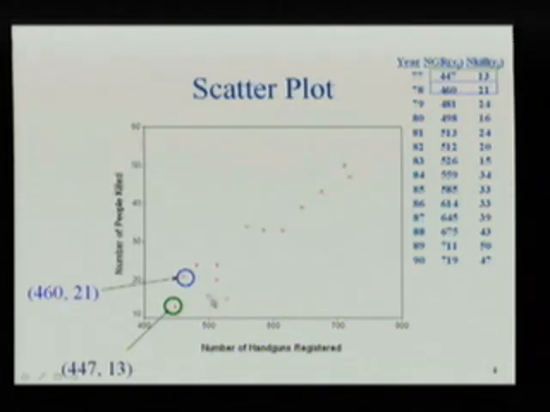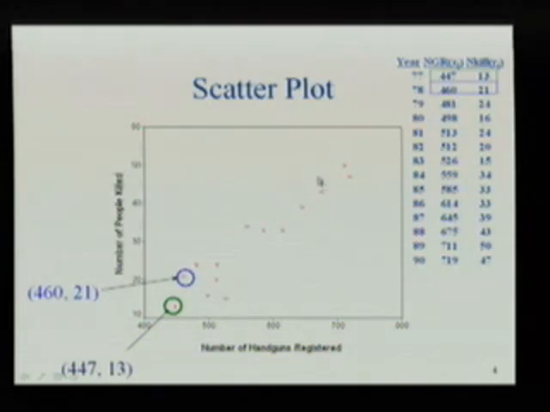If you see these trends, it seems like as number of handguns registered increases, number of people killed increases. We call this relation a positive relation. We mentioned that earlier in the course when we explained this. As number of handguns registered increases, number of people killed increases. This is called positive correlation. If you try to use a line to explain this correlation, that line is going to go like this.